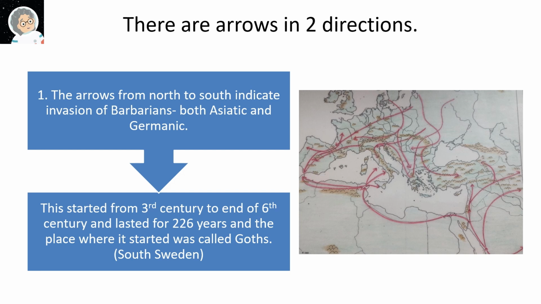The arrows from north to south indicate invasion of barbarians, both Asiatic and Germanic. This started from the 3rd century to the end of the 6th century and lasted for 226 years, and the place where it started was called Goths, that is South Sweden.